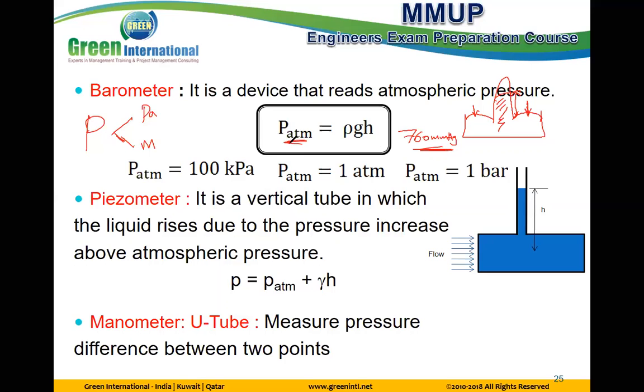Why like this? Because the equation for the pressure is P equals rho g h. Atmospheric pressure equals rho g h. Rho is density, g is constant.